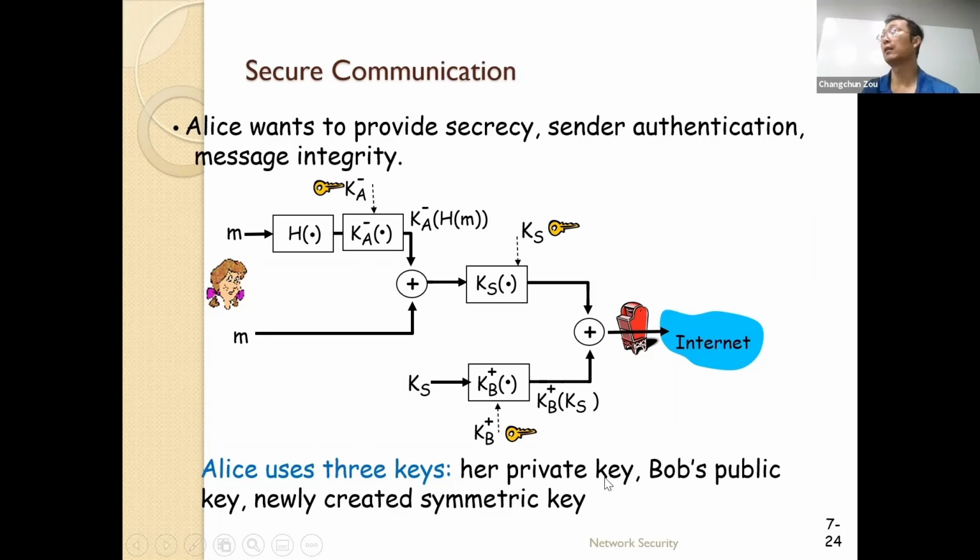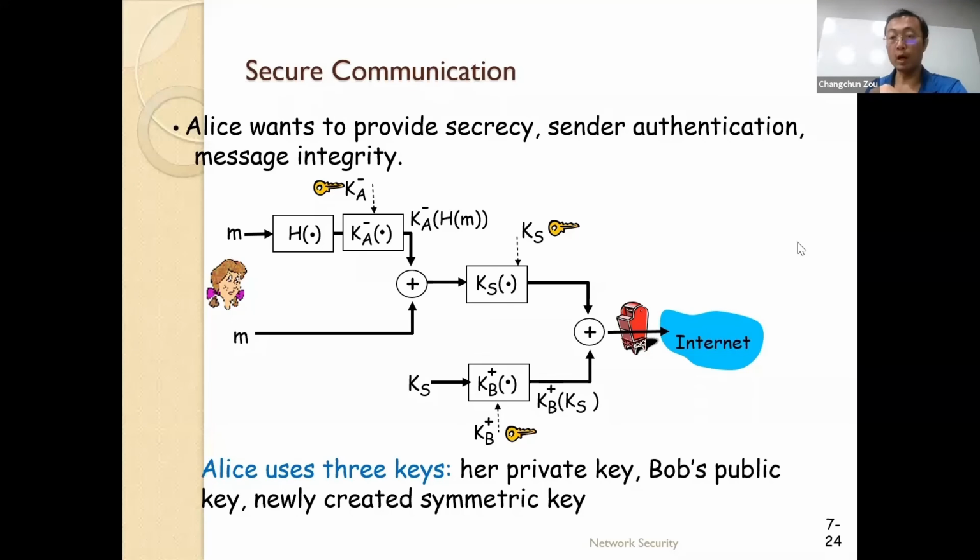Her private key is for the digital signature, basically sender authentication and message integrity. And Bob's public key, the receiver's public key, is used to distribute the symmetric session key. And of course, this newly created symmetric session key is for the actual information encryption. So you can see there are 3 keys used in this process, and each key has its own functionality.